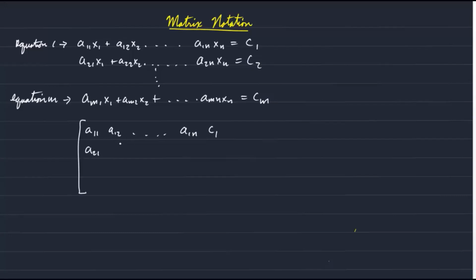And here the row corresponds to the equation. So the first row has 1 in the subscript of the a's. And the columns correspond to the coefficients multiplied by a given variable or unknown.